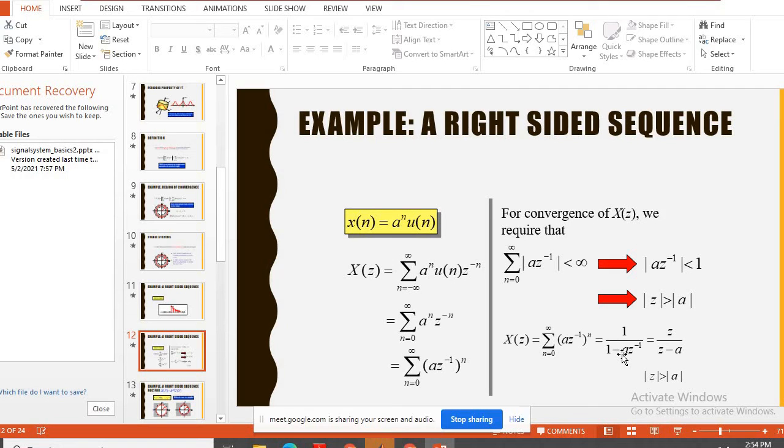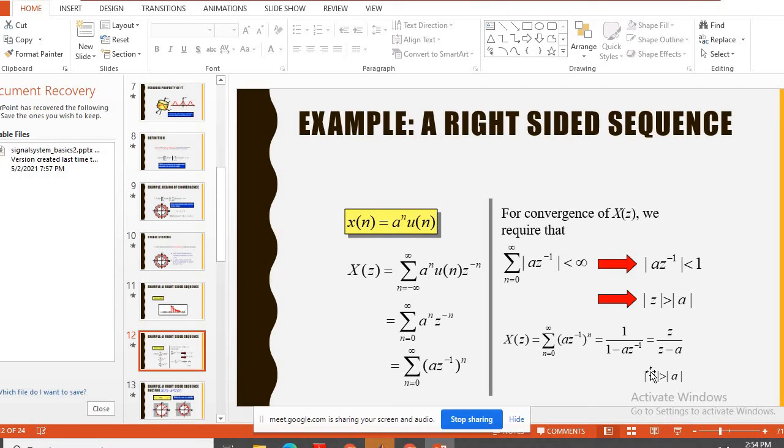We take the LCM, z. So z minus a, and the divide by z goes to the numerator. So therefore it becomes z upon z minus a, and z must be greater than a.